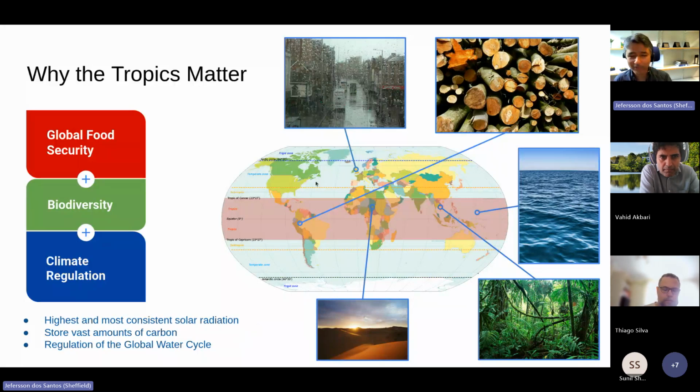And an important aspect, human life is only possible in the UK because of the tropical region. I don't know if you are aware, most of you are. We have the Gulf Stream that brings warm water to us here in the UK.